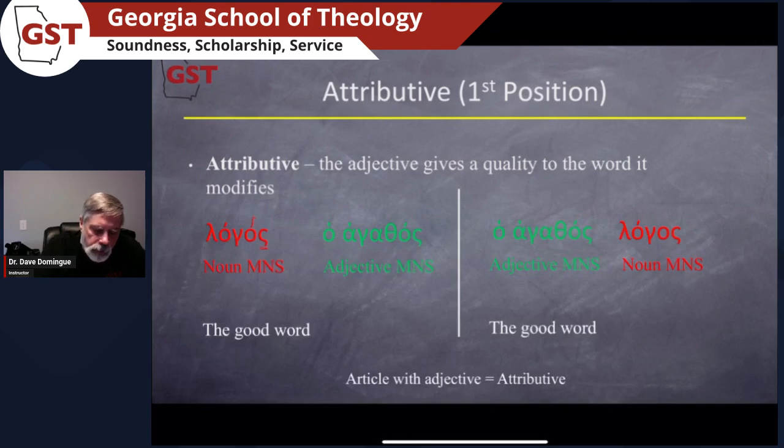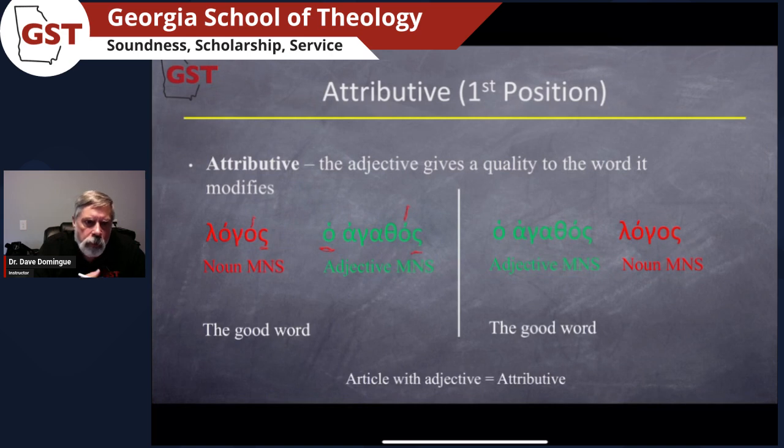The article and the adjective must agree with it. And so it too will use the second declension stem ending with the nominative case ending for the singular masculine word. But it also has, and this is the important thing that I really want to make sure we catch, the article, ho agathos.